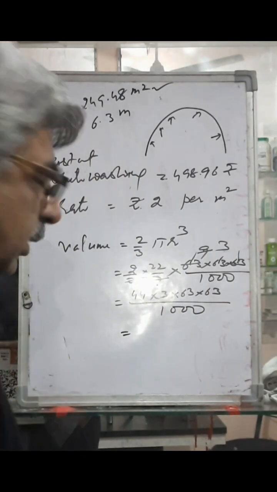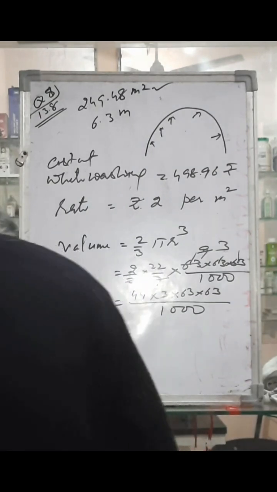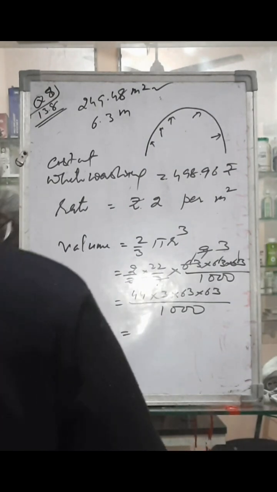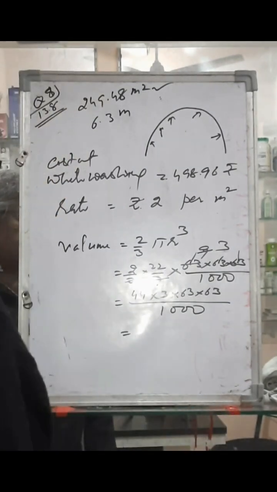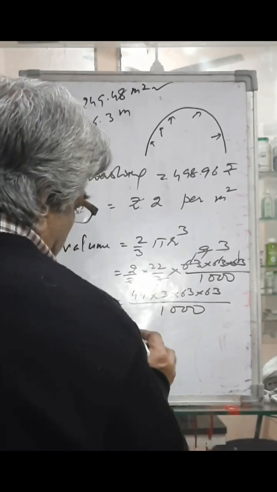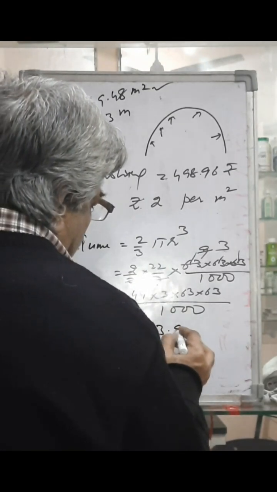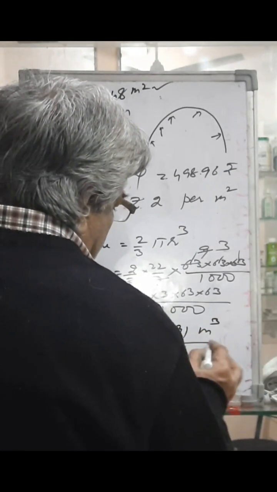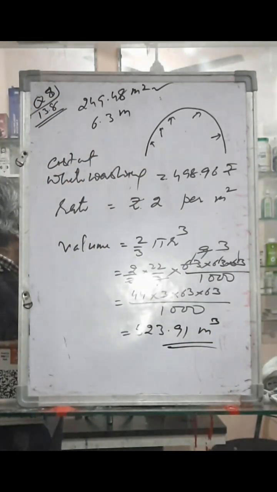Now solve this expression and get the answer: 523.91 meter cube. This is the volume of the air inside the dome.